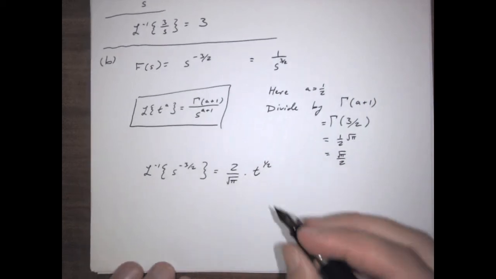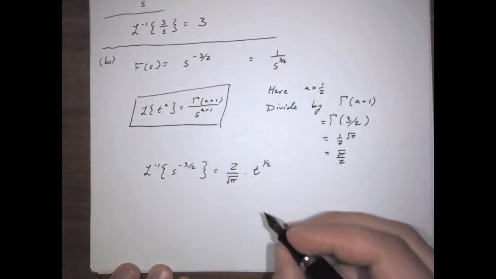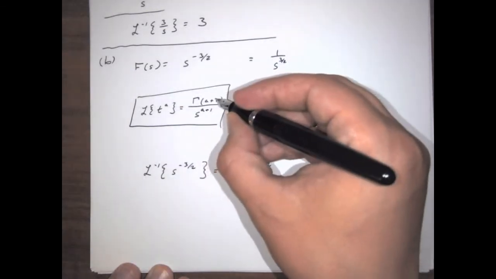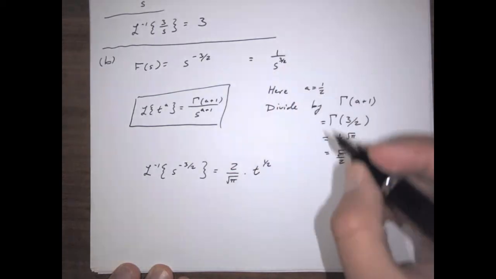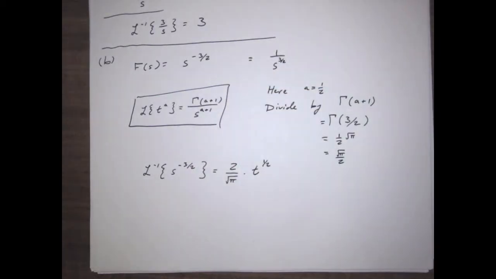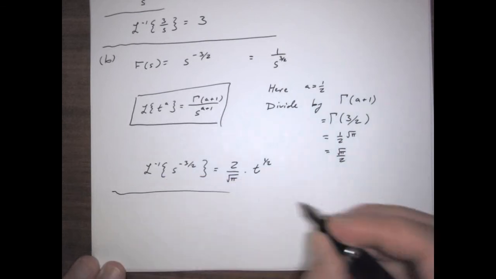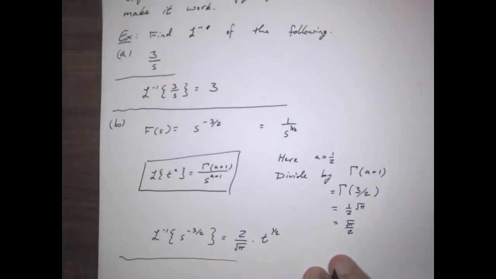And if you wanted to check it, then you would just plug this into there, and you would get gamma of 3/2, which is root pi over 2, divided by s to the 3/2, and so it would all check out. Okay, so there's that one.